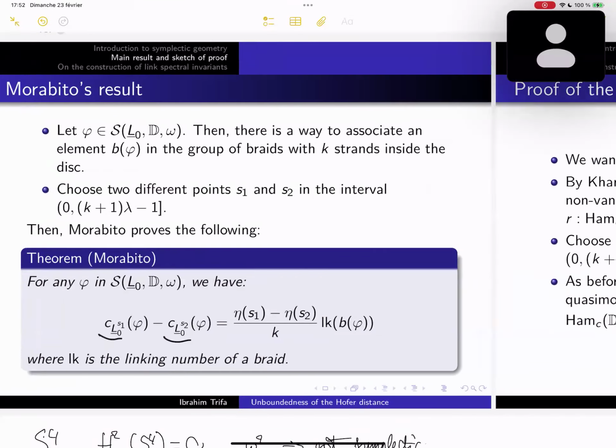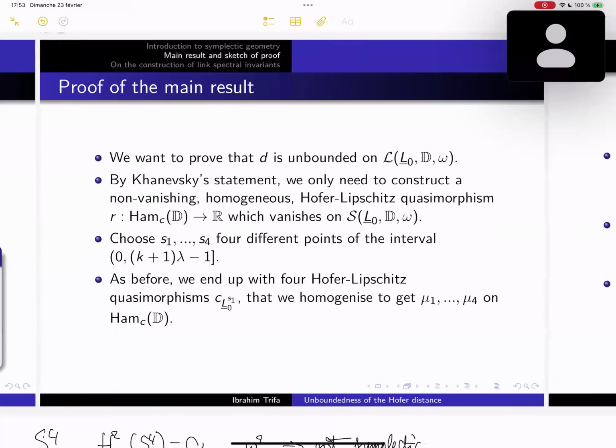So now that we have this, we can build our quasimorphism that will vanish on the stabilizer. So we choose four different real numbers S1 to S4 in this same interval. We embed the disk into different spheres of area 1 plus S1 to 1 plus S4.